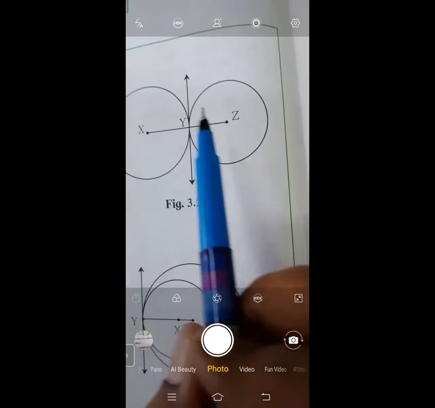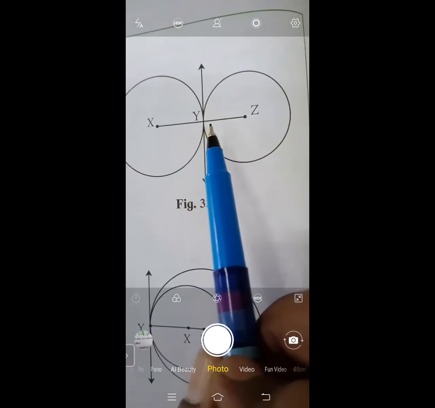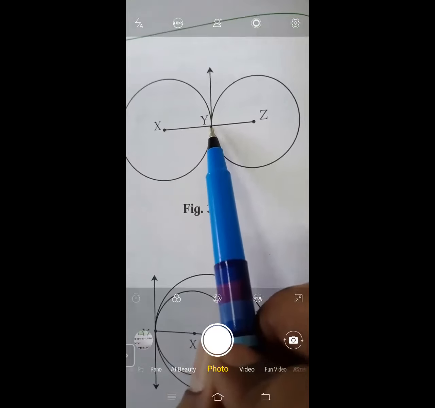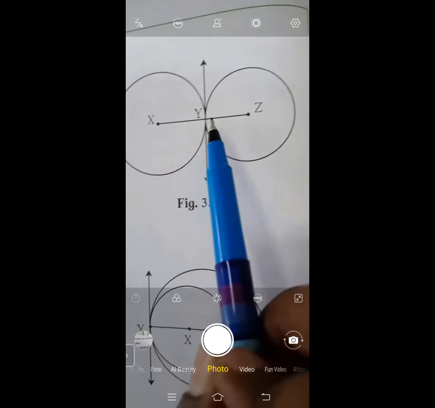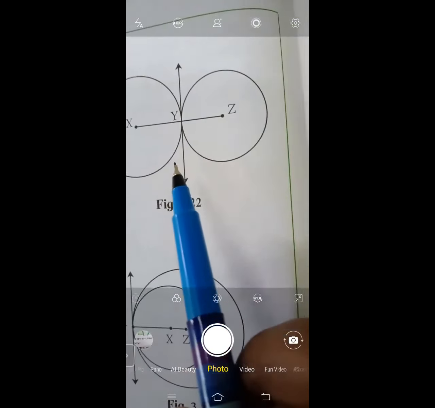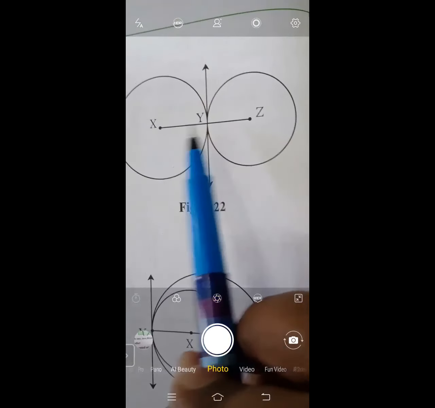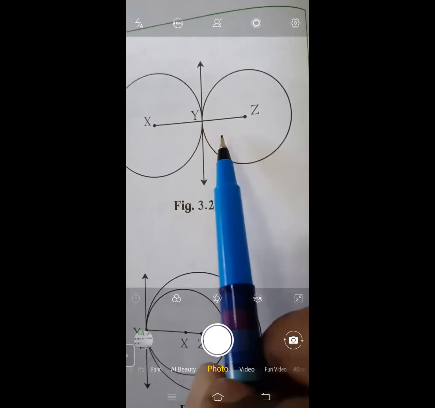The condition is that both the circles should intersect each other at a single point. You can see the single point, it is Y. Then we have to draw a perpendicular line to this segment XZ, which passes through this point Y and which is common to both the circles.